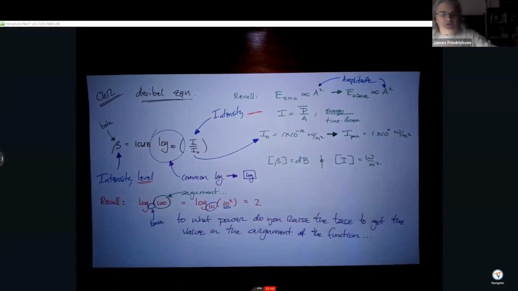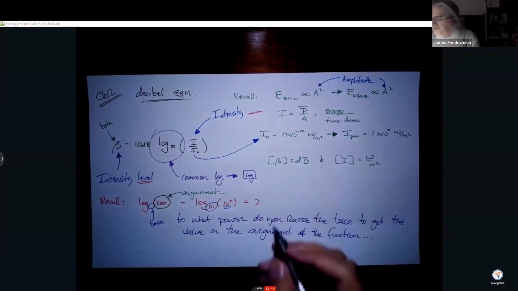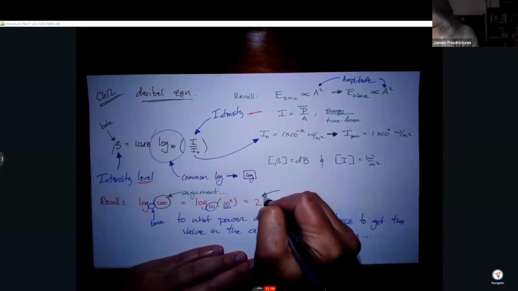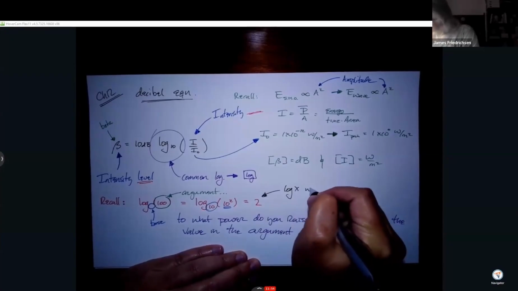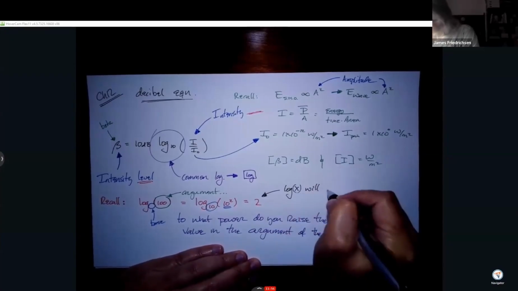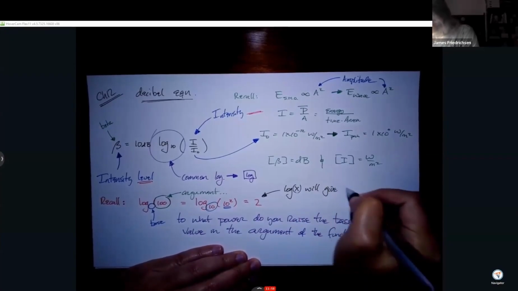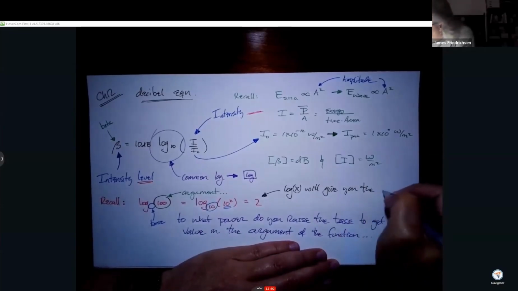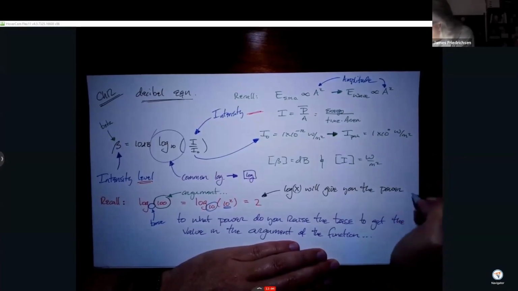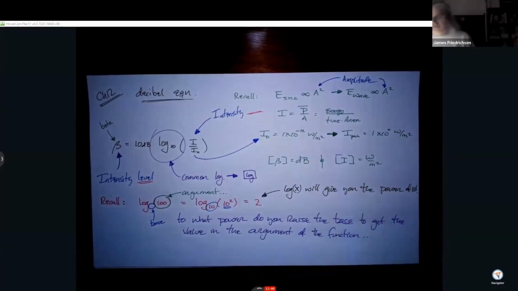Log base 10 of x will give you the power of 10. That's kind of what they do.